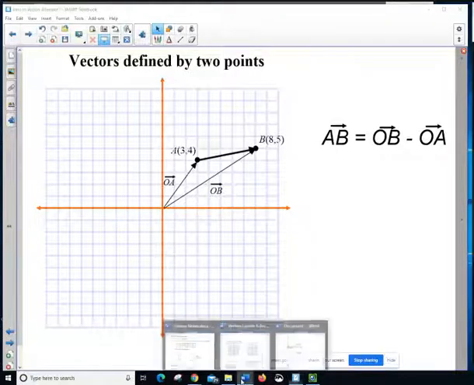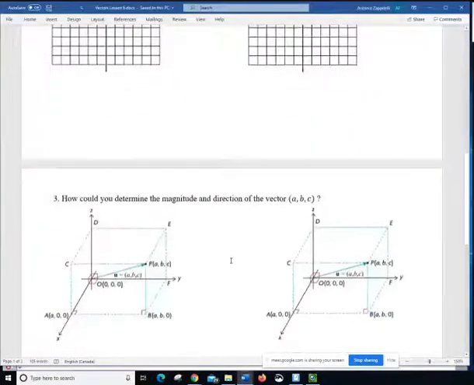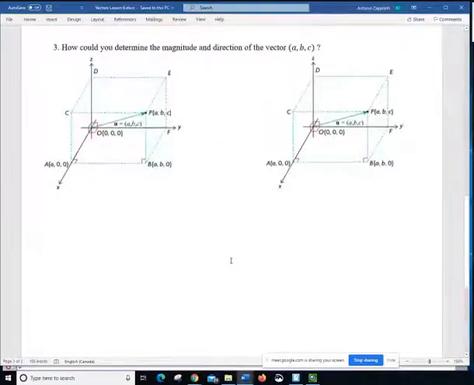All right. So what we're going to do now is start talking about how to define magnitude and direction for a 3D vector. Okay. Now, I would say magnitude should be relatively straightforward because I hope you recognize this as an exercise we've already done. All right.